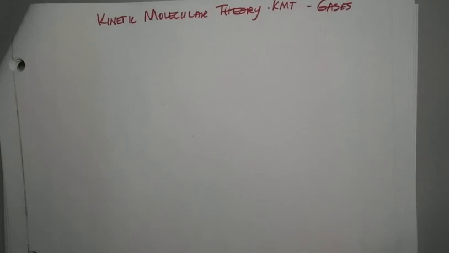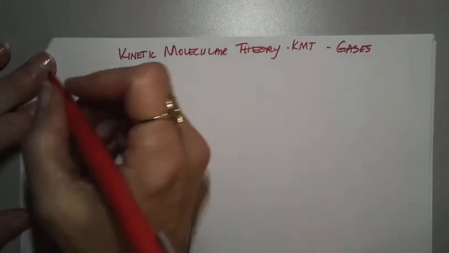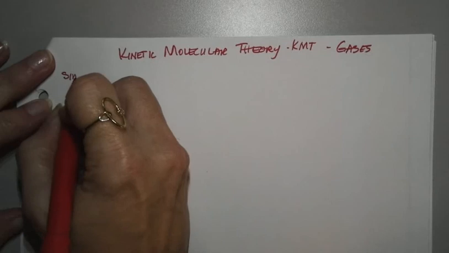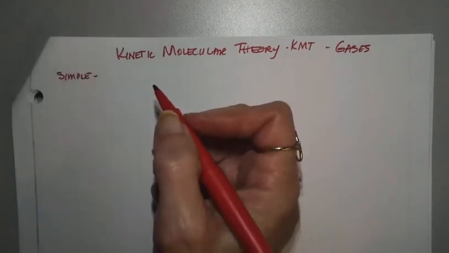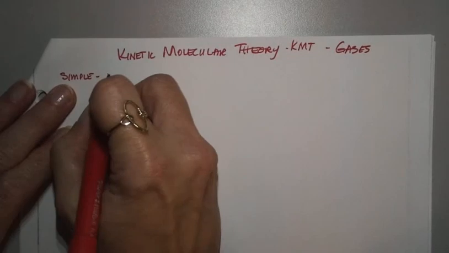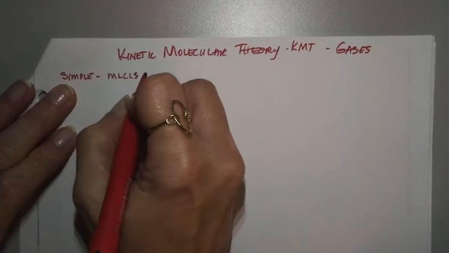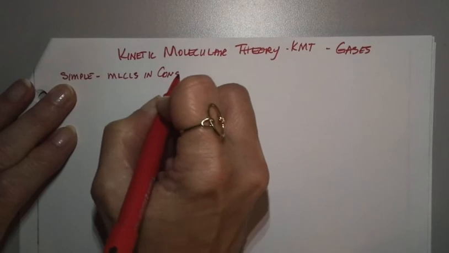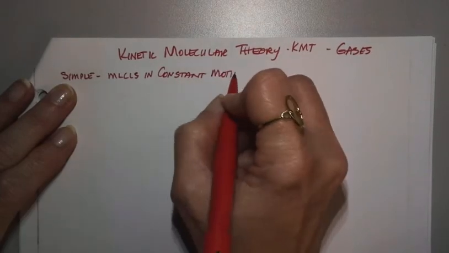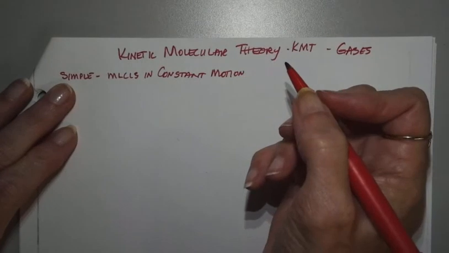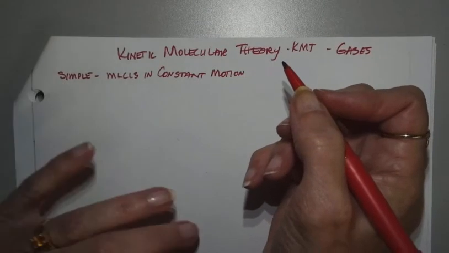The simple form is that the molecules are in constant motion. They're vibrating in a solid, sliding around on each other in a liquid, and all over the place in a gas.